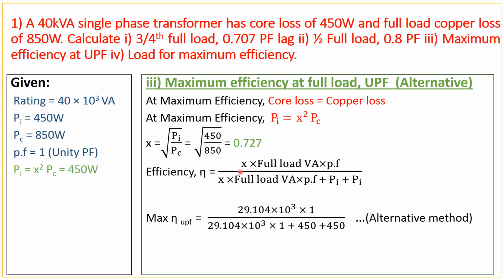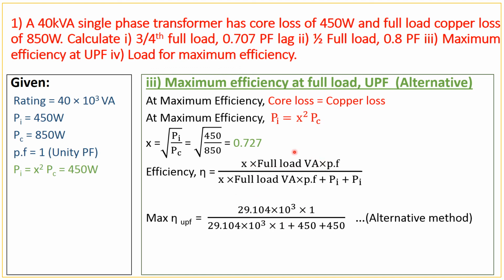But now what I am going to do is, see, x was 0.727 and we had substituted full load VA as 40 into 10 to the power 3. But in the fourth sub question, we have found that load for maximum efficiency is nothing but 0.727 into 40, which is nothing but 29.104 kVA, right? So x into full load VA, that is what we had found.